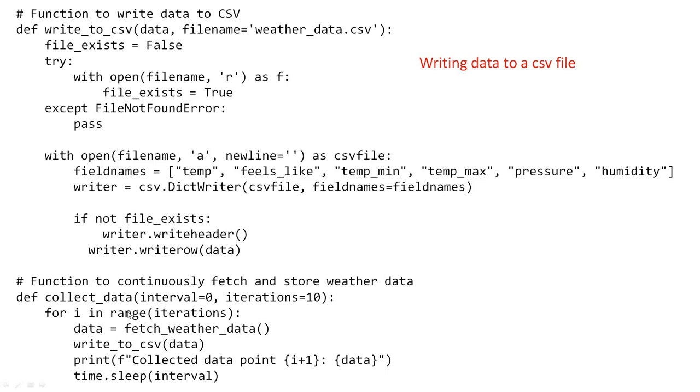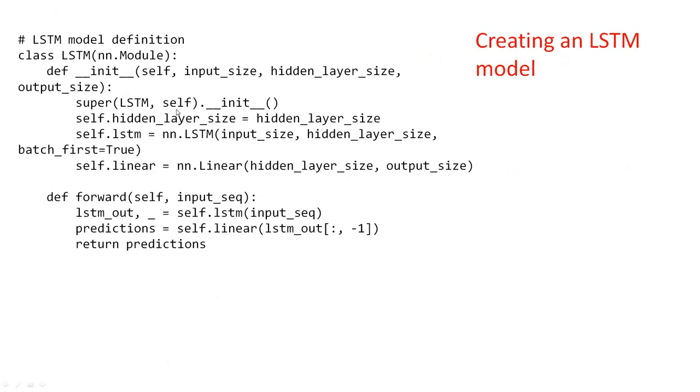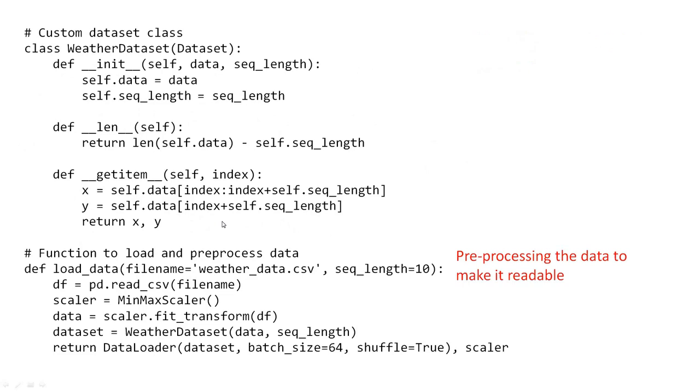Now the collect data function is to continuously fetch and store the weather data. Then for LSTM we have the LSTM model definitions here. In any LSTM you have input layer, hidden layer, output layer, etc. The number of neurons, etc. can be defined here. This is a neural network model through which it is predicting.